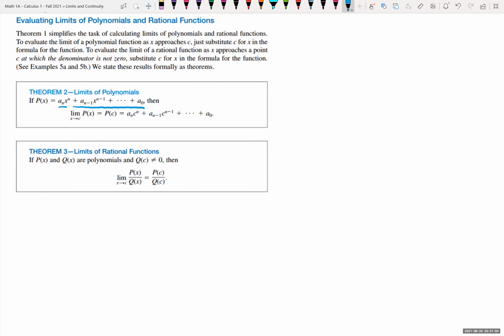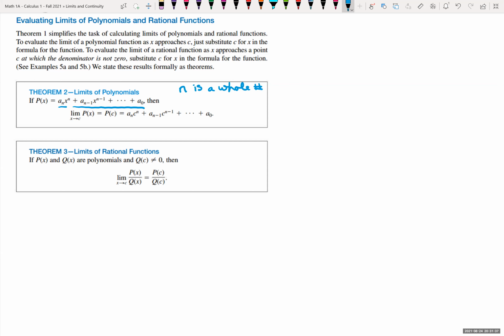N has to be a whole number for it to be a polynomial. So we couldn't have radicals or fractions as an exponent. If we did, that wasn't a polynomial. And if the exponent was a negative number, that would bring it down to the denominator.